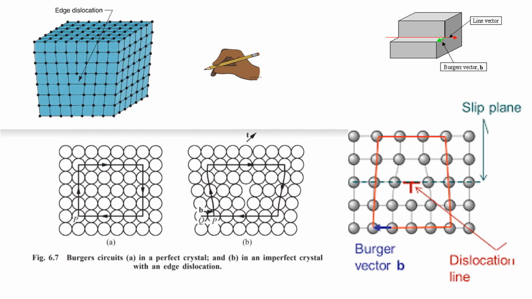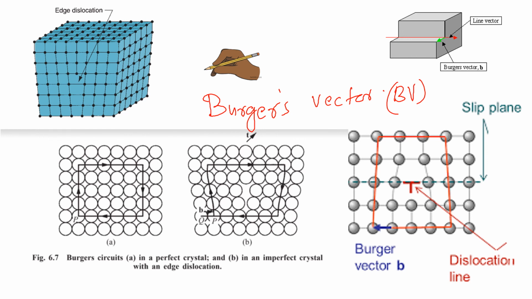Now, the magnitude and direction of this displacement are defined by a vector called Burger's vector. It is normally represented by BV. Burger's vector characterizes the dislocation line.